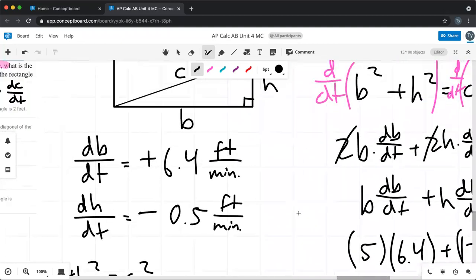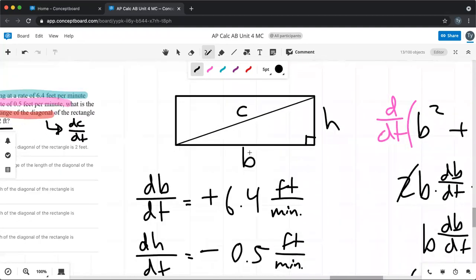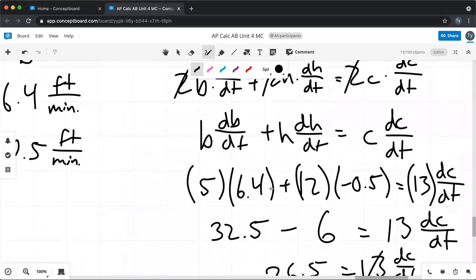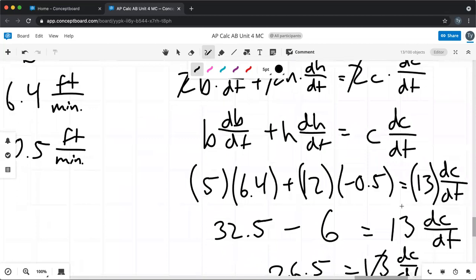There are a couple ways to do this. All of these are lengths, and we know that the length of B is changing with respect to time in feet per minute. Same for H, feet per minute. So if we were to look at a rate of change of another length, it'd be the same units, feet per minute. Another way you could have done that would be to carry all your units through these calculations, but that's kind of a pain and kind of messy, maybe a little safer.